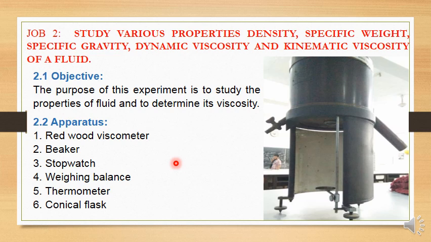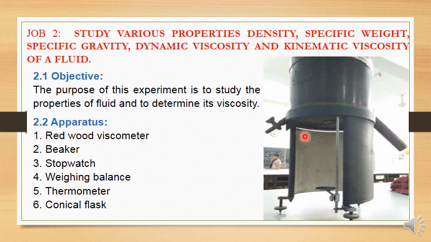Then we will discuss the performance procedure, and after performing this experiment you will have a set of input data. By using this input data, you can calculate the physical properties given in the title of this job by applying the corresponding formula.